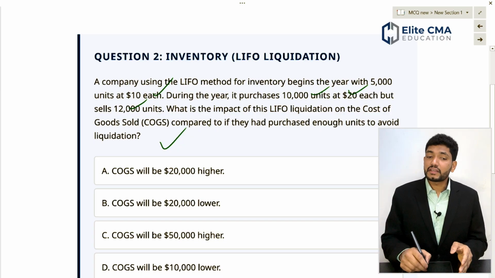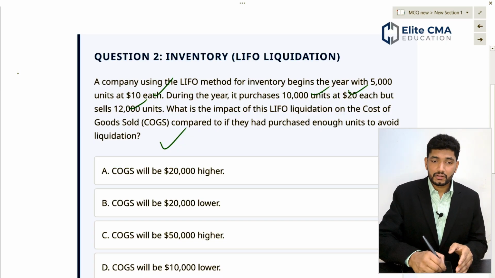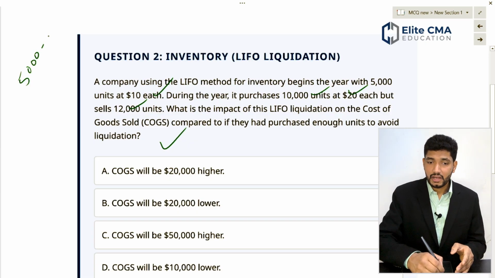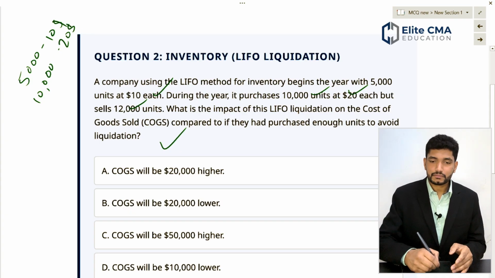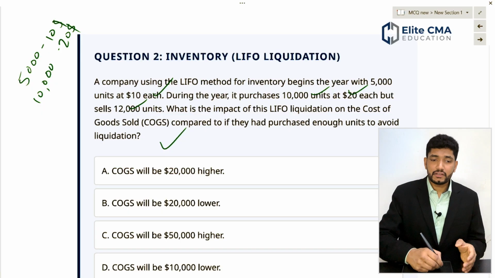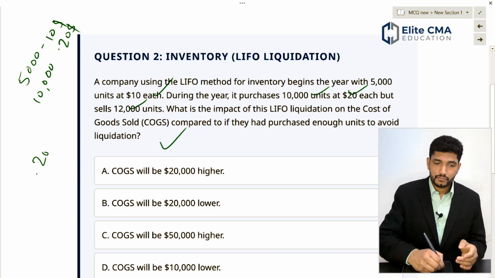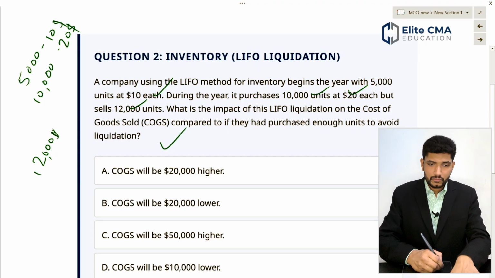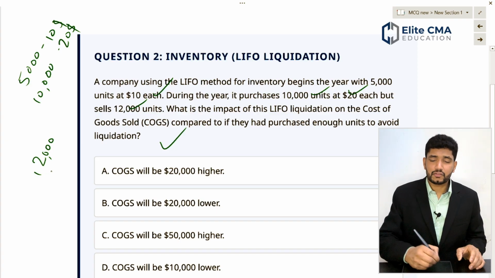Now, you can see that here the stock liquidation happened. The company has an opening stock of 5,000 pieces at the rate of $10. Again, the company purchased another 10,000 units at the rate of $20. And the company sold 12,000 units, this is the sales quantity.